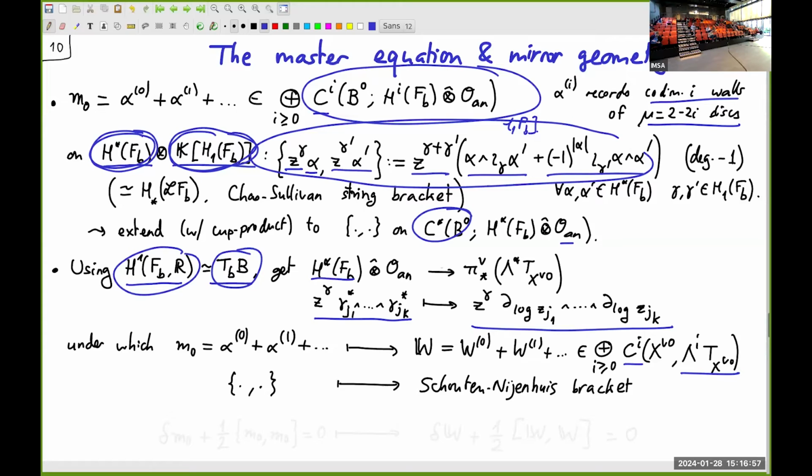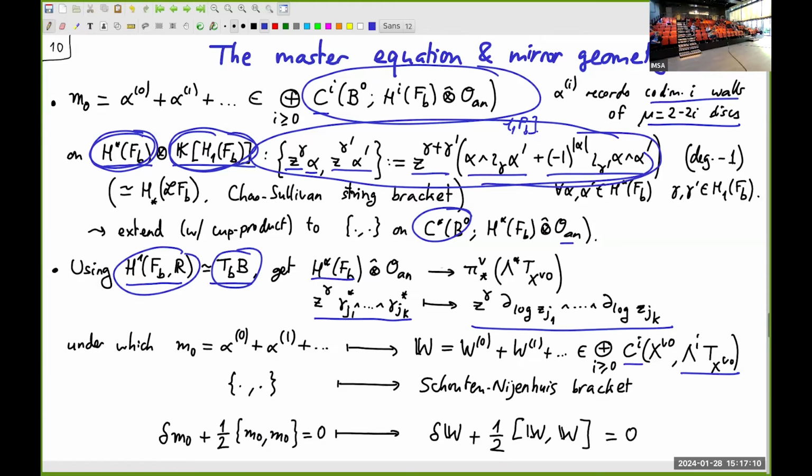It's exactly the same as this construction. It's just a simple calculation, up to sign; I can't get my sign convention straight at this point. And so that means if M0 satisfies the master equation, then so does this W that we get on the other side.